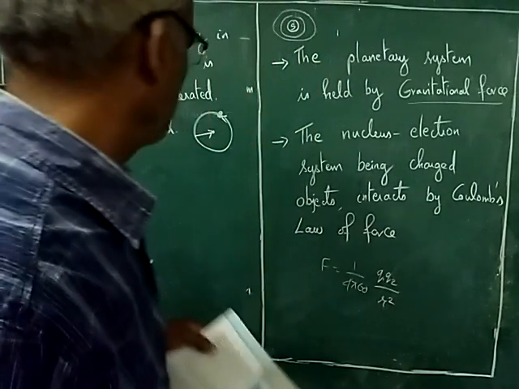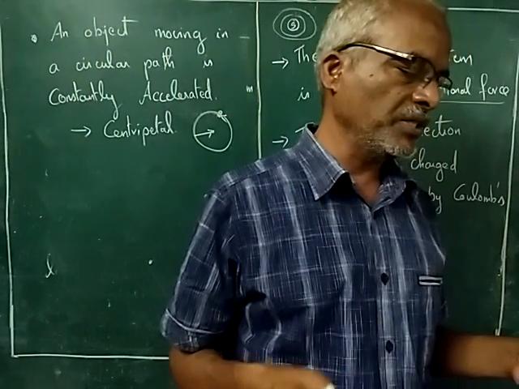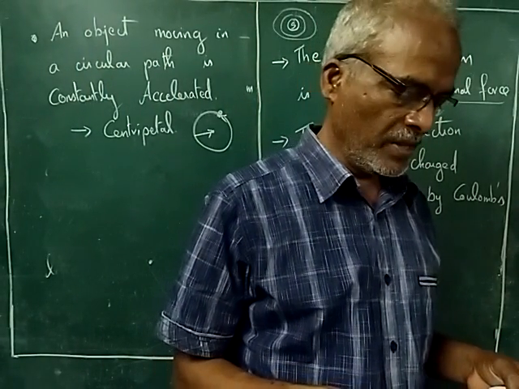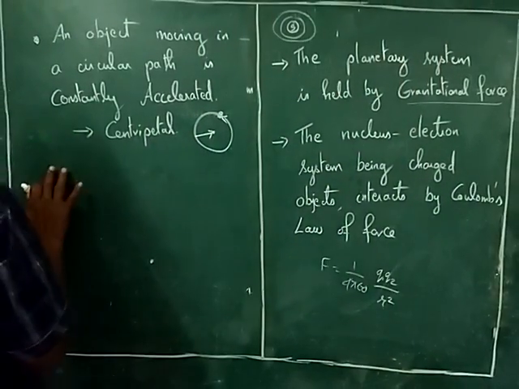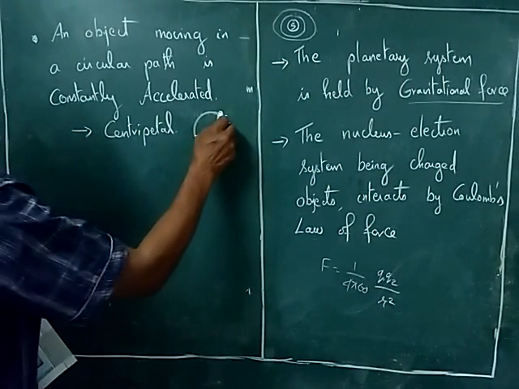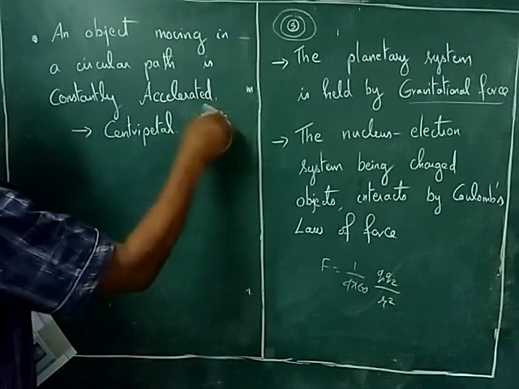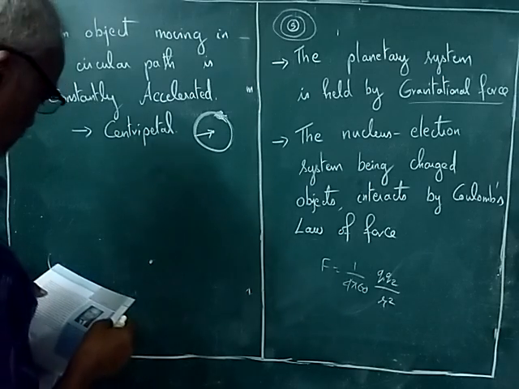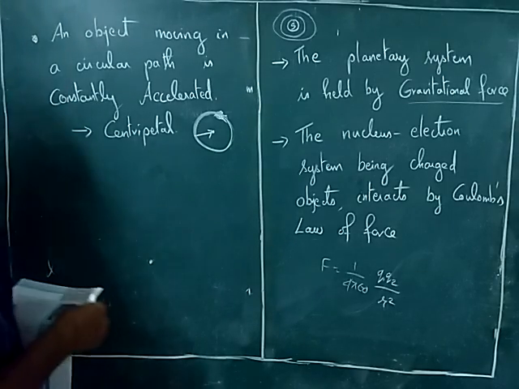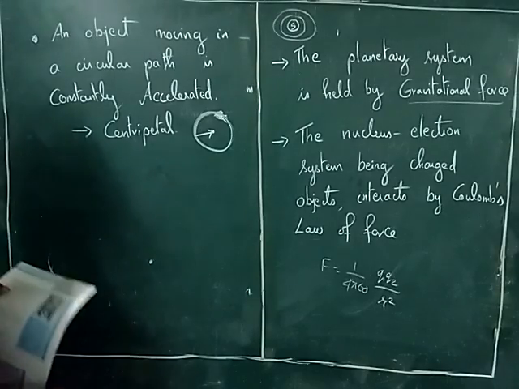According to classical electromagnetic theory, an accelerating charged particle emits radiation in the form of electromagnetic waves. So when a charged particle moves in a circular path and executes acceleration, then the particle emits radiation.